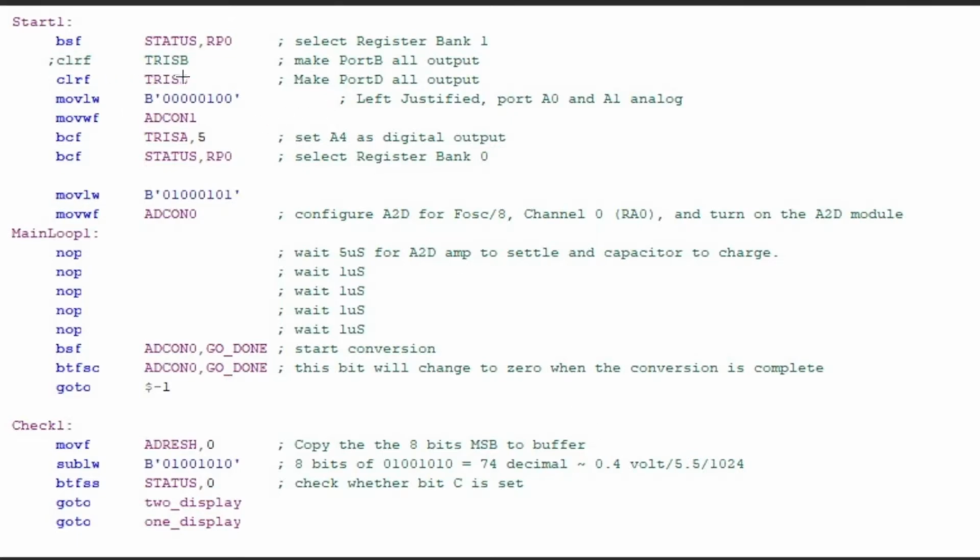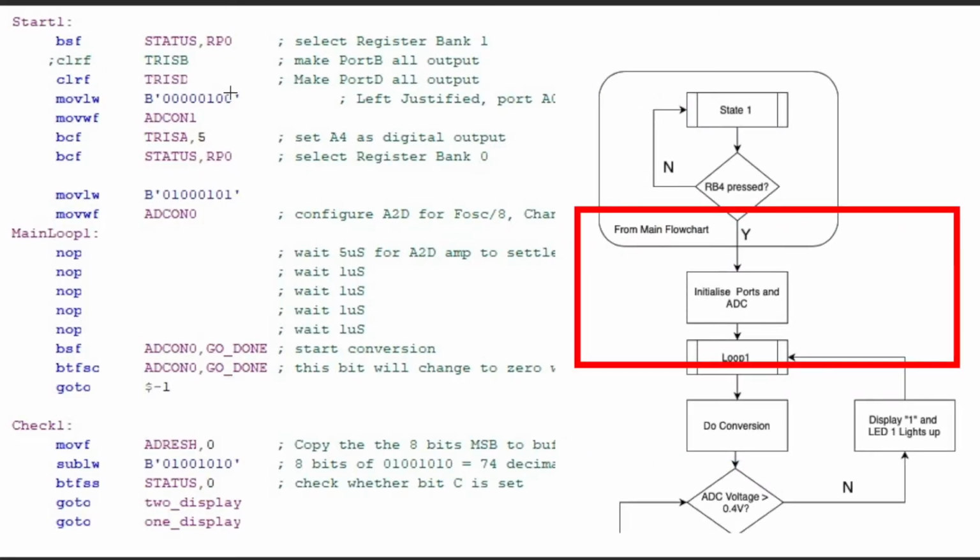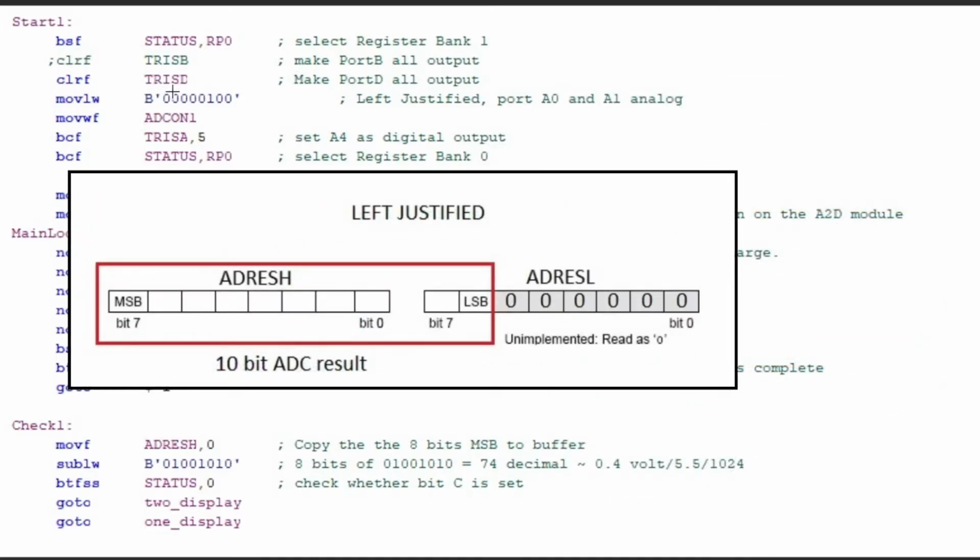Firstly I make all port D an output, and then at icon 1 I define the result formatting and the configuration bit, where here I make it left justified.